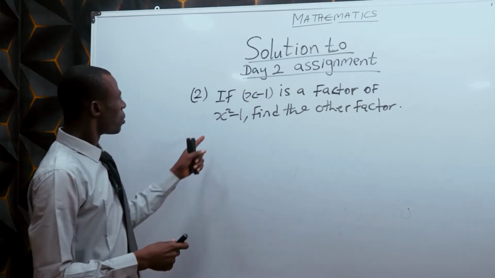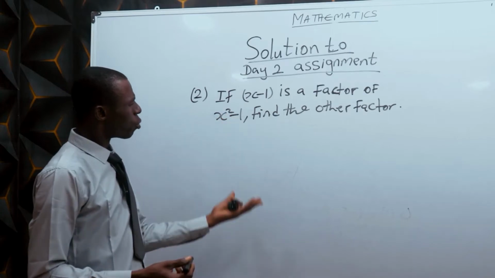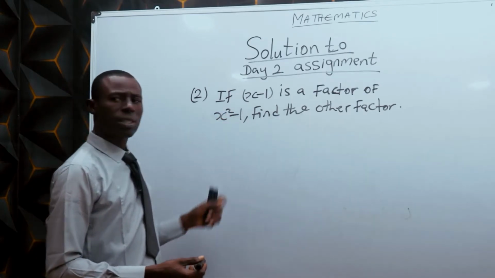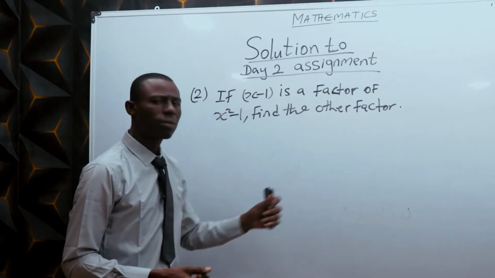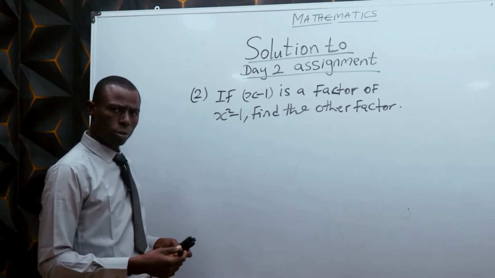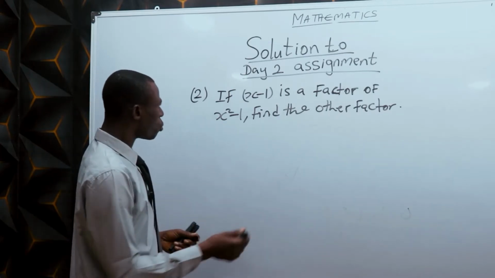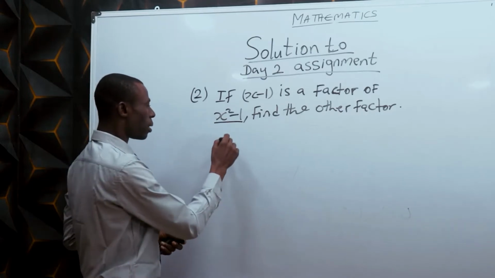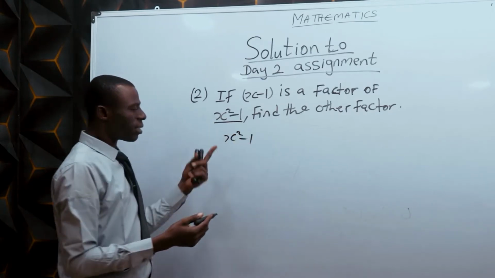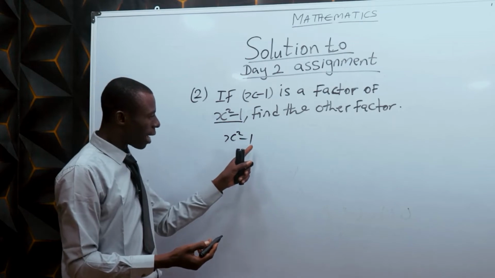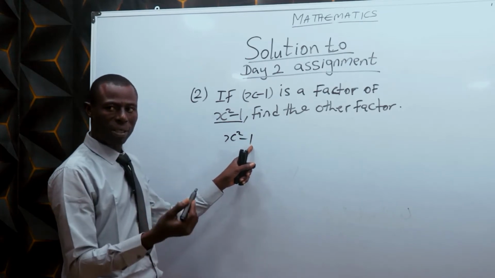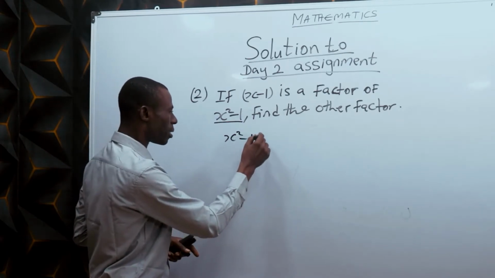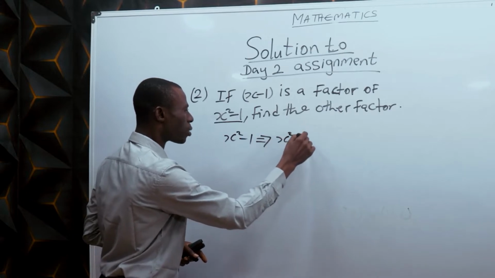Good. Number 2. If x minus 1 is a factor of x squared minus 1, find the other factor. What are you expected to do? Just factorize x squared minus 1. This is a difference of two squares. As you can see, 1 is a perfect square. Re-express that as x squared minus 1 squared.